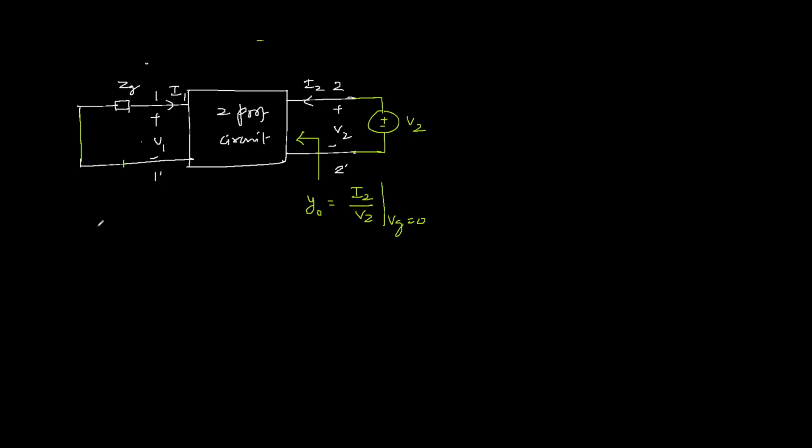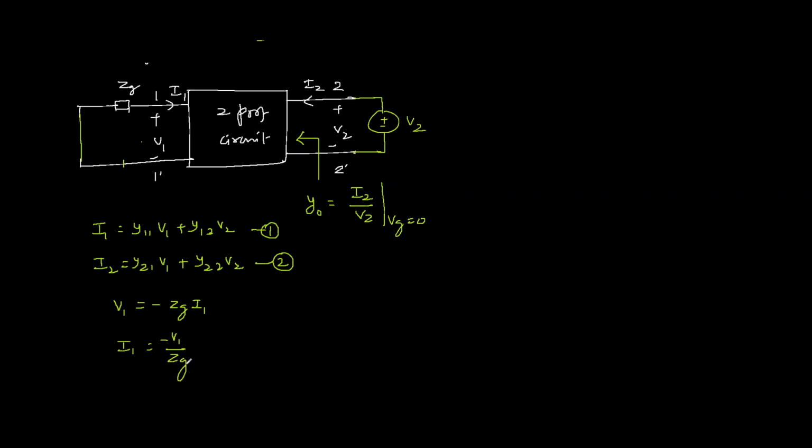Now the equations for the Y parameters are I1 equals Y11 V1 plus Y12 V2, this is first, and I2 equals Y21 V1 plus Y22 V2, this is second. We have to find the ratio of I2 and V2, so we need to get rid of the voltage V1. V1 is minus ZG I1, so I can write I1 as negative V1 over ZG.